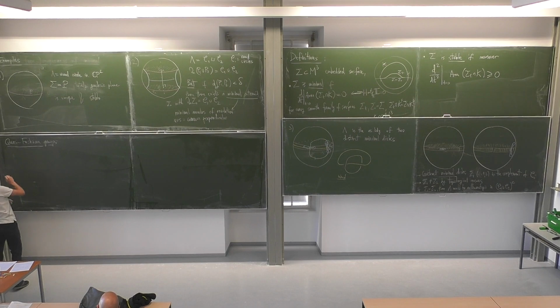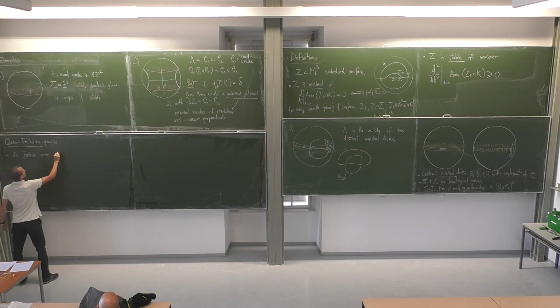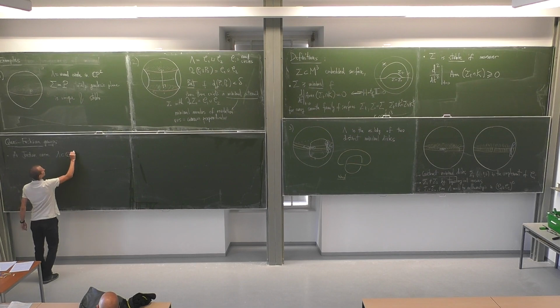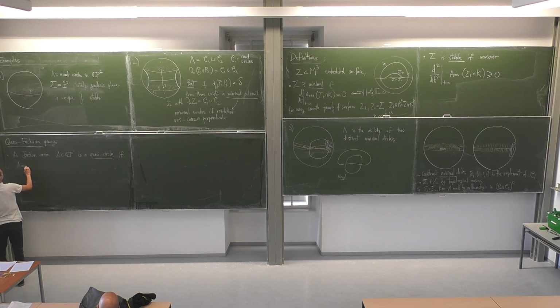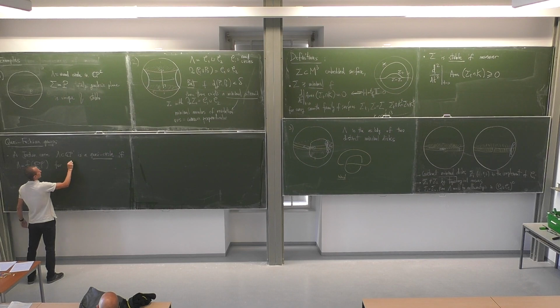So what is a quasi-Fuchsian group? Let me first tell you what is a quasi-circle. So a Jordan curve lambda in CP1 is a quasi-circle if lambda is the image of a round circle, so for instance RP1, by a quasi-conformal map from CP1 to itself.